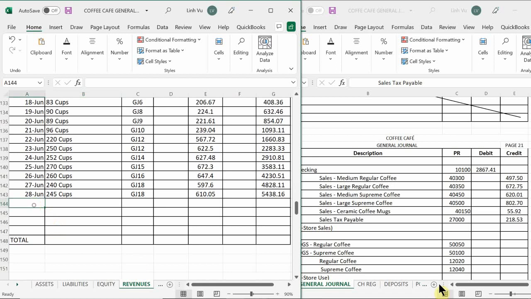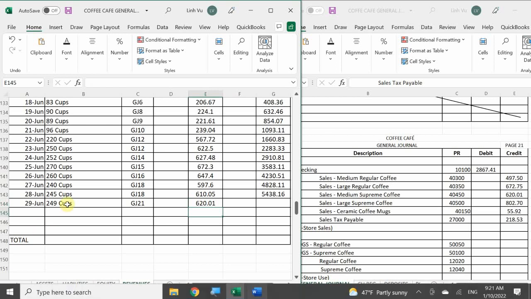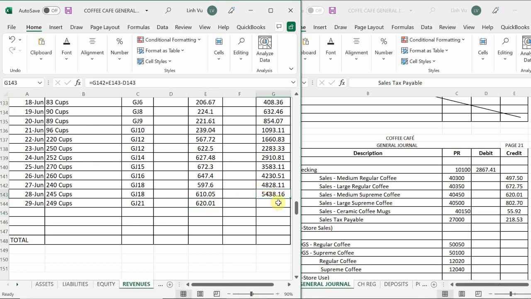How many cups of the medium supreme? 249, for a total of 620.01. Grand total: 6058.17. Good.